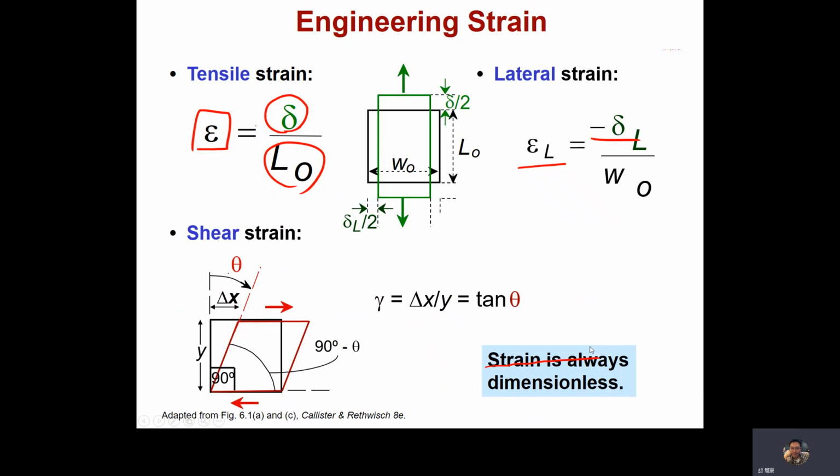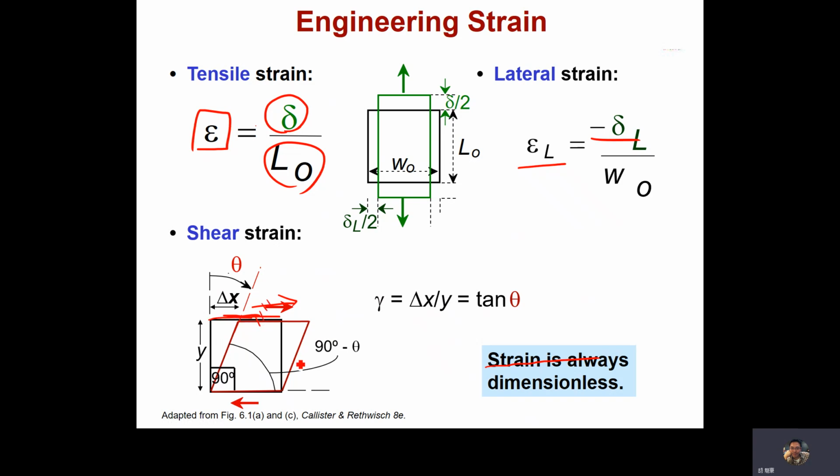And how do we define the shear strain? We already mentioned that the shear stress is the shear force parallel to the area before loading. So this is the shear force, and this is the plane, and these two are parallel.